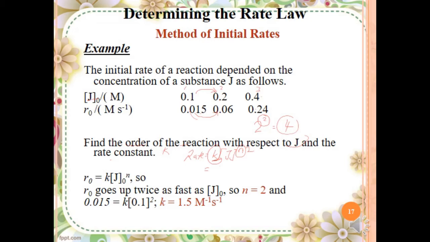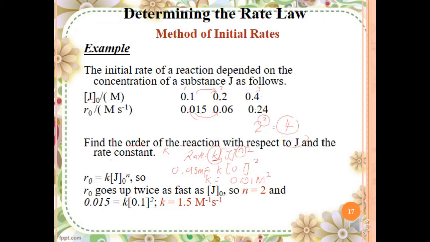The rate is 0.015 molar per second, the concentration is 0.1, and the order is 2, so we can solve for K. Remember, this is 0.1 molar, so squared means molar squared. 0.1 squared is 0.01 molar squared.